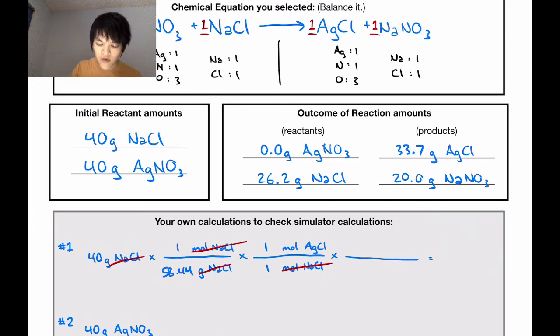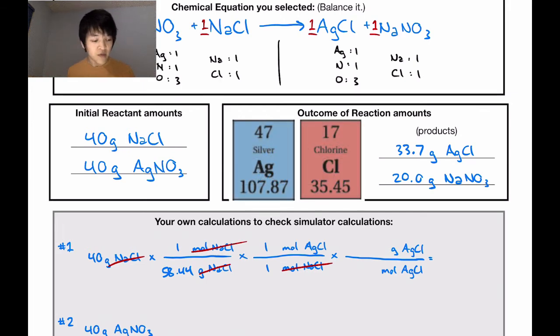For the third conversion factor, we're trying to go from moles of our second substance to grams of our second substance. All right, and this third conversion factor is a molar mass. For a molar mass, we look at the periodic table to get the numbers. So we look for silver and chlorine.